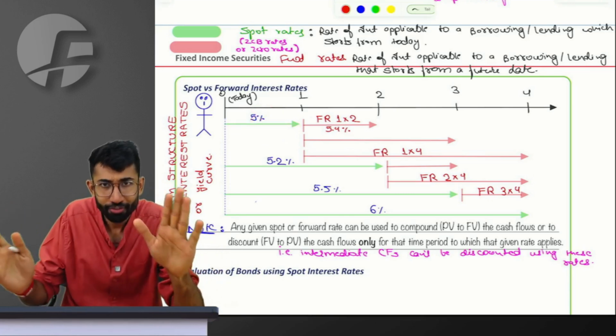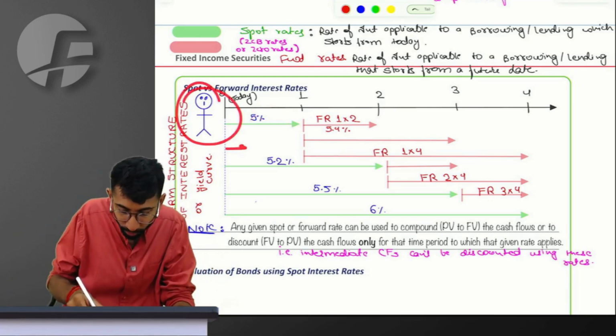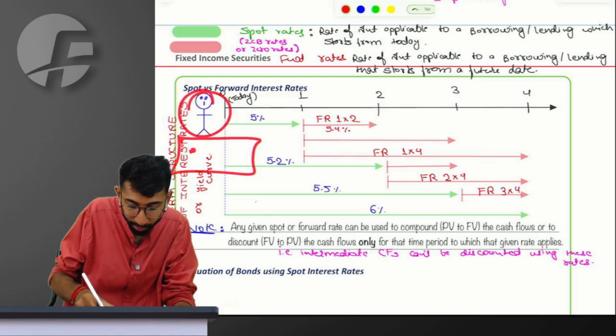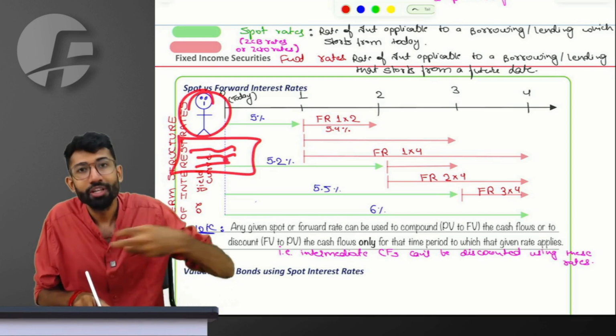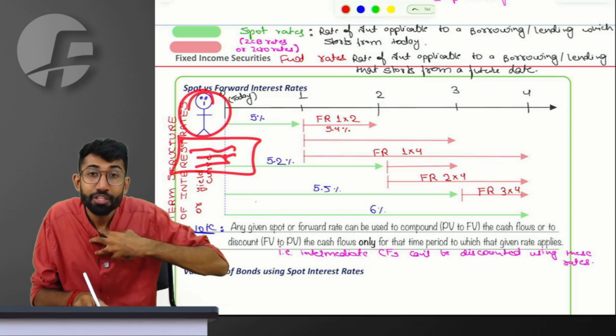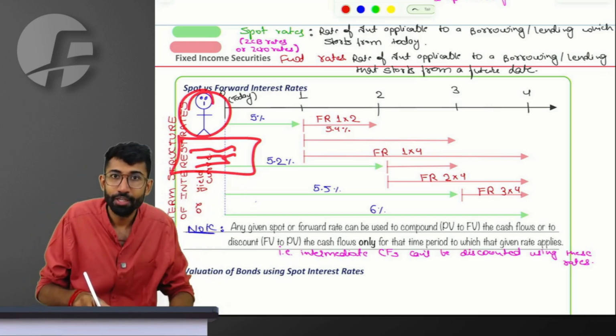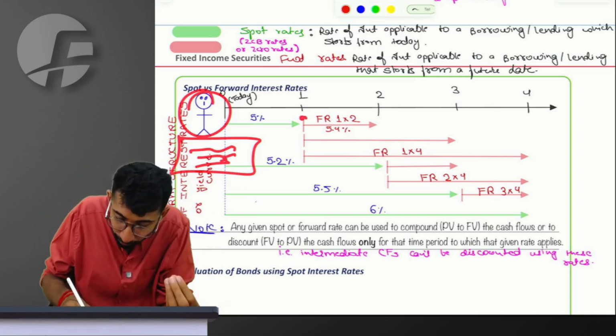So the bank says, okay, we have a solution. When you stand today, let us enter into a contract in which both of us agree that I, as a customer, will borrow, and the bank will lend. And today we agree to a future rate.